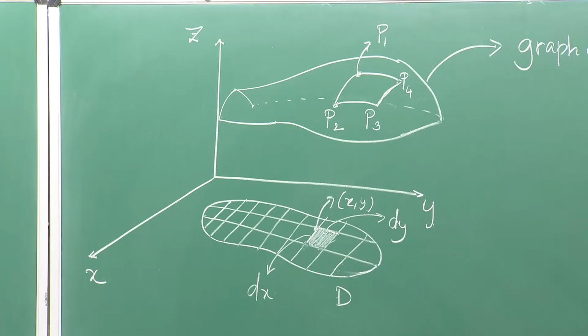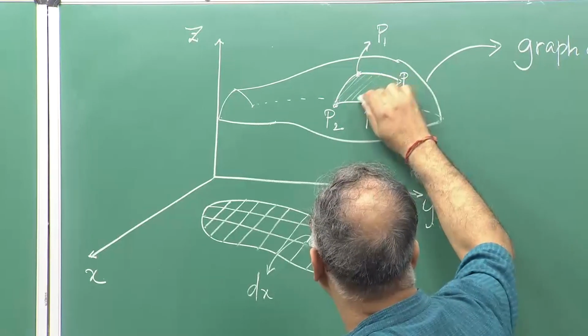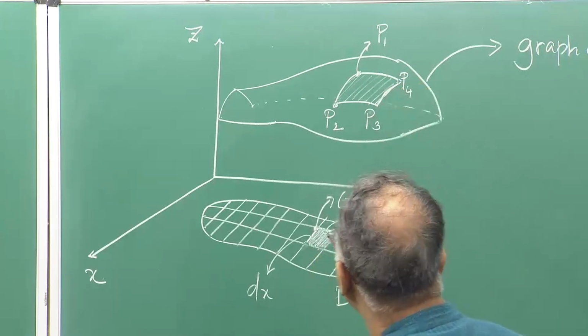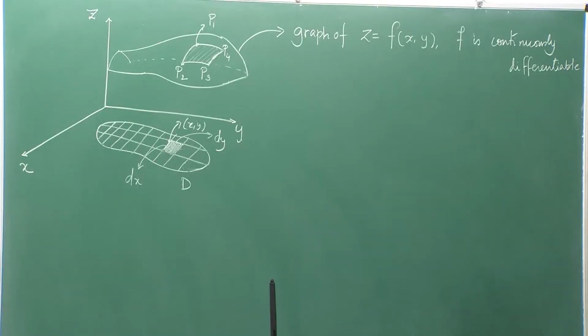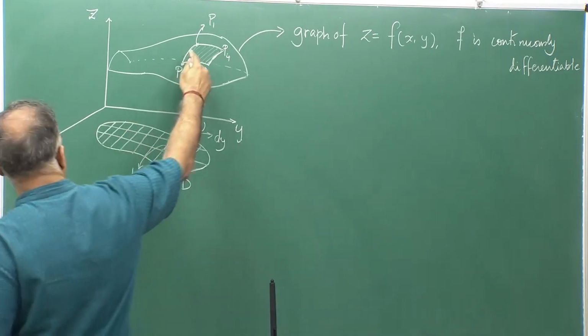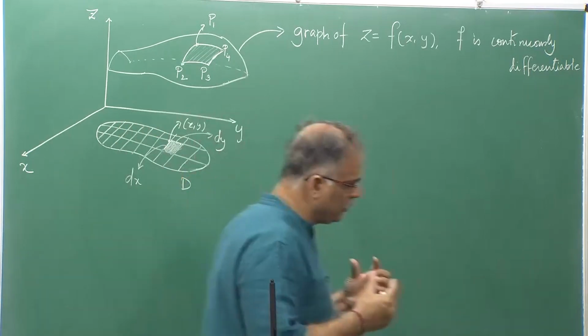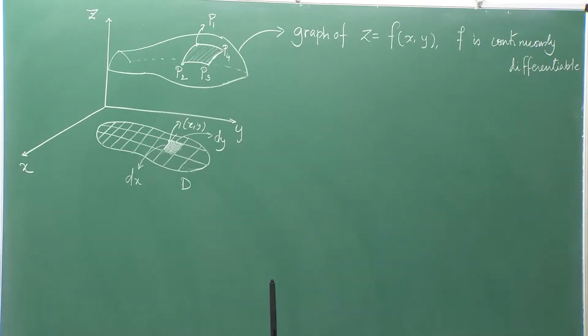So, here it is a kind of infinitesimal parallelogram, not a rectangle. Though the sides are curved, for very small dx and dy you can take them to be straight. It is a kind of parallelogram.